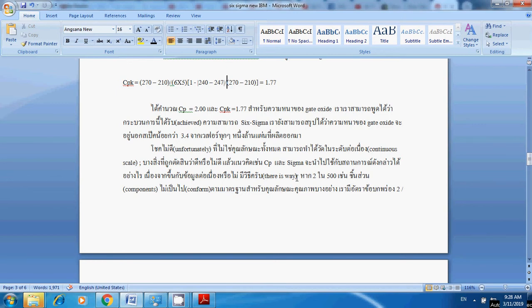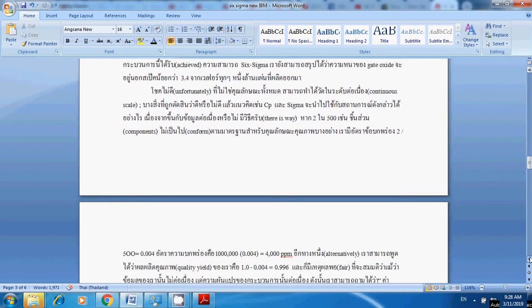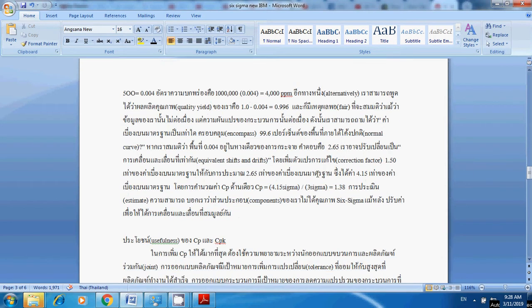There's a way. For example, if 2 in 500 components do not conform to the standard for some quality characteristic, we have a defect rate of 2 divided by 500, or 0.004.